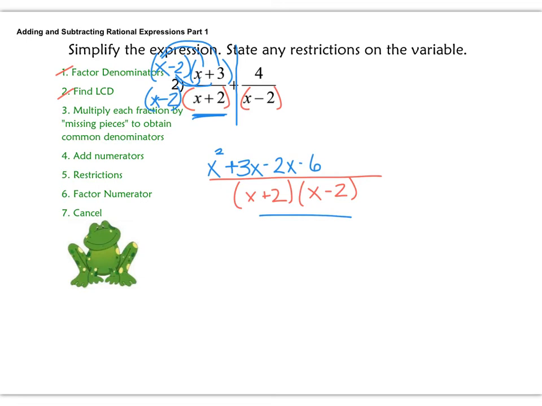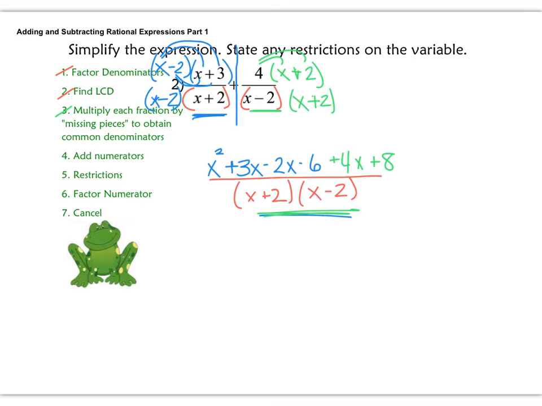All right. The other fraction, what is this missing to look like this? It's missing the x plus 2. So we will multiply the top by x plus 2. So we distribute, and we get 4x plus 8. All right, so that was step 3. Step 4, add your numerators.